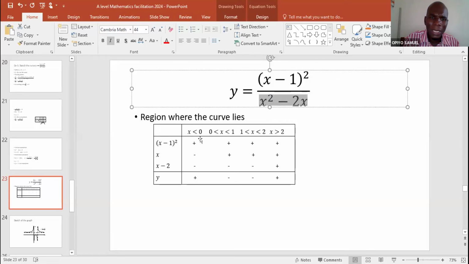Then you find the sign of this for each part. Because we are dividing x minus 1 squared by the product of x and x minus 2, we shall have positive over negative times negative. Of course, negative times negative is positive. So dividing this by this, we get positive. So you do that for all of these.